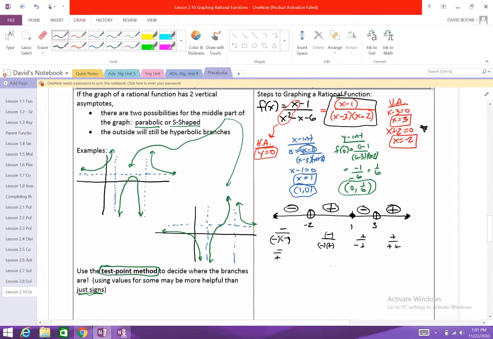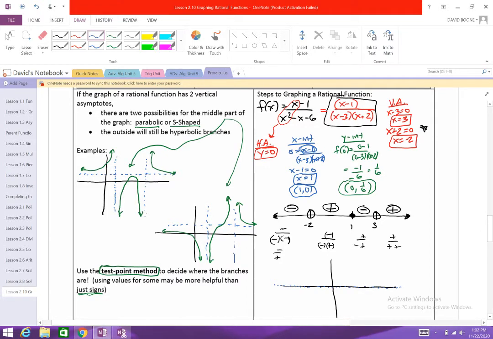Okay, so we'll get this sketched in here, and maybe start doing some of the easier pieces first. Let's get those asymptotes in. So I know I've got a horizontal asymptote at y equals 0, so just maybe kind of draw over this so you remember that. We've got that horizontal asymptote there.